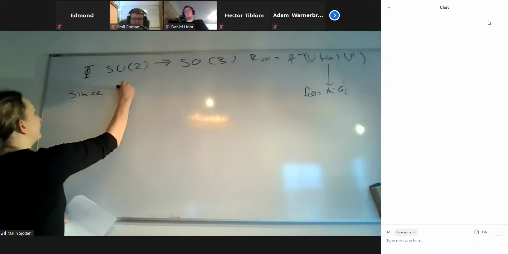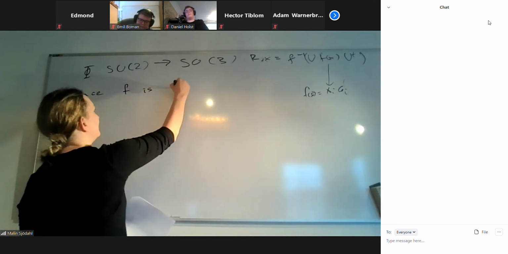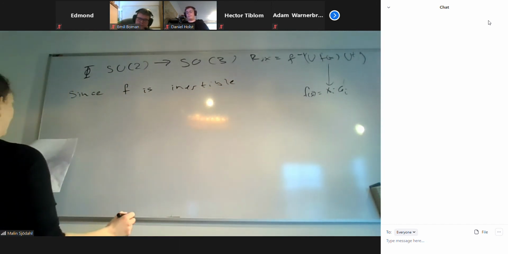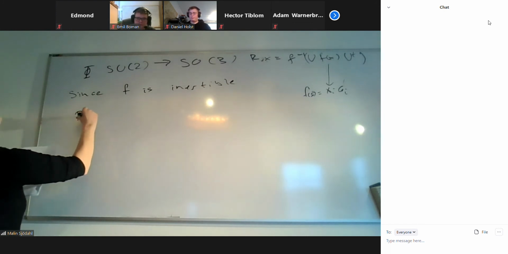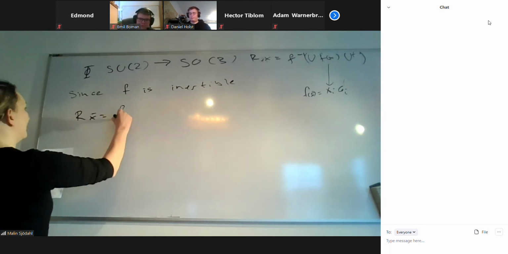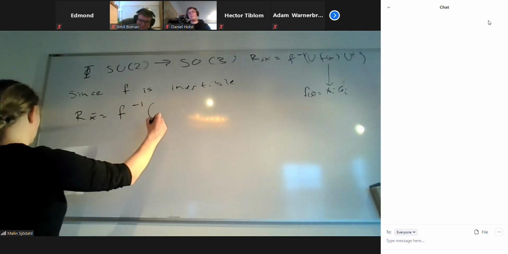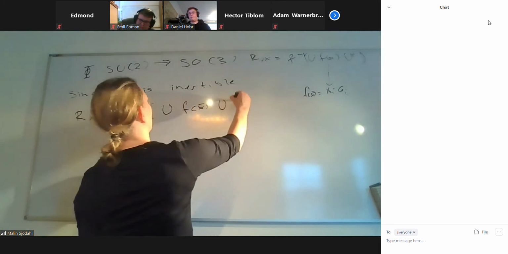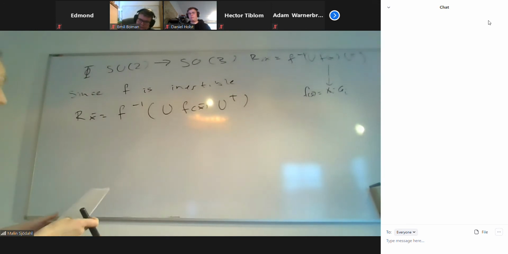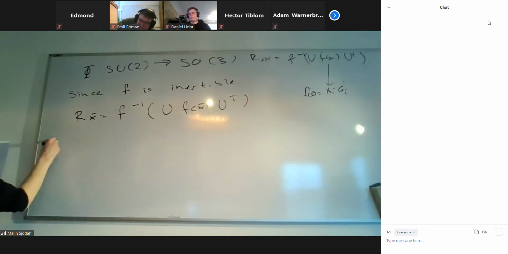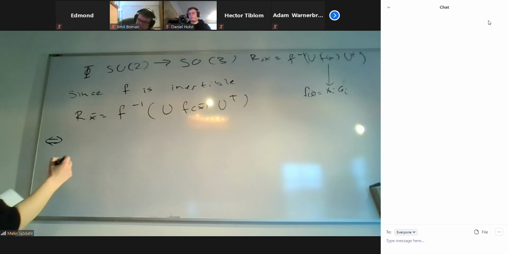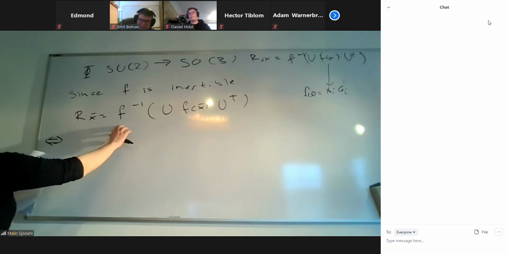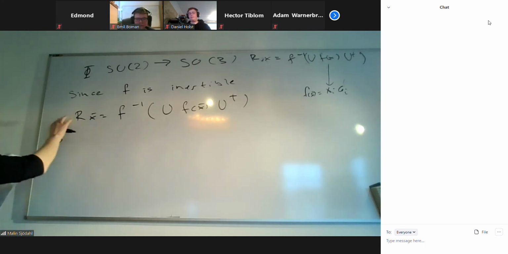So since F is invertible, we can write that R x is F inverse of U F of x U dagger, which we can then translate to, and now comes inversion, so we invert this side and that side, so we slide F over here and here.